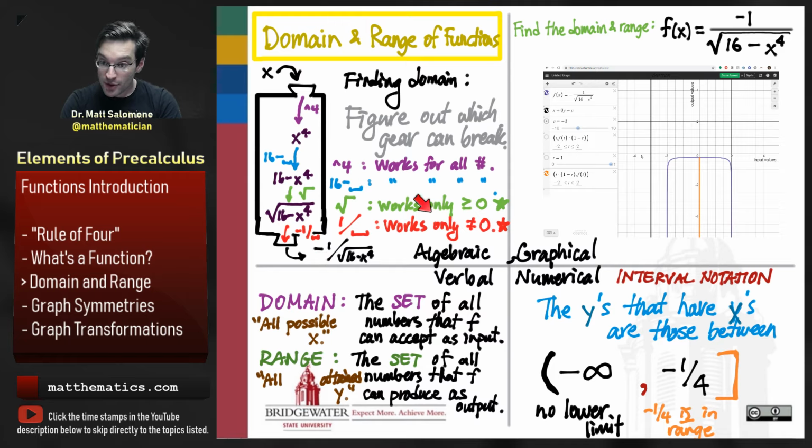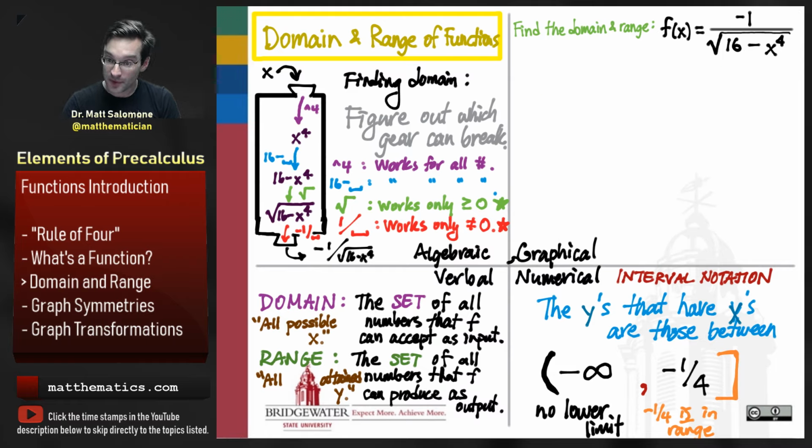So we have two things here that are fussy, two things that we need to rule out from breaking the machine. If we're going to do an algebraic solution to this problem, we're going to take these two pieces: the square root piece, which is going to require that the quantity under it be greater than or equal to 0, and then also the reciprocal piece, which is going to require that the quantity be not equal to 0.